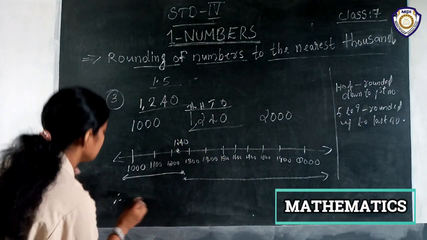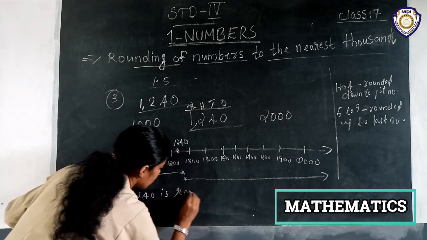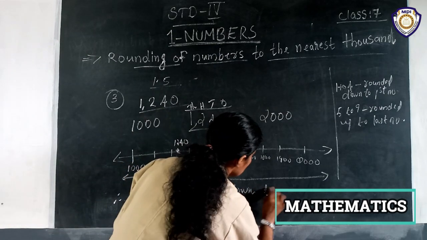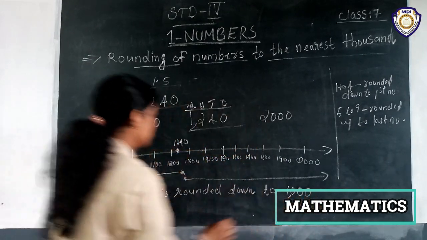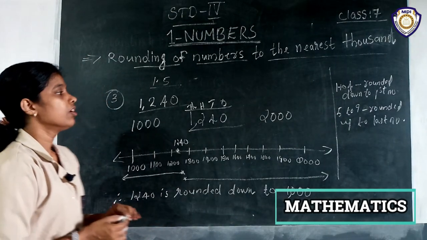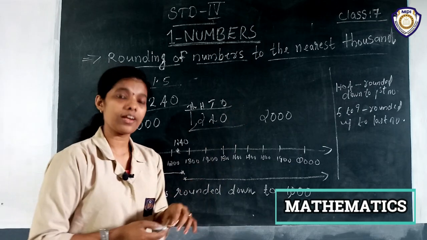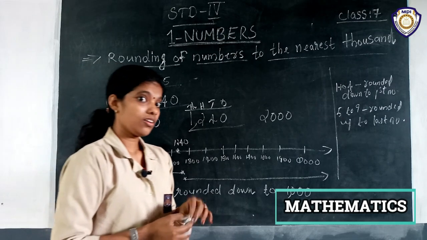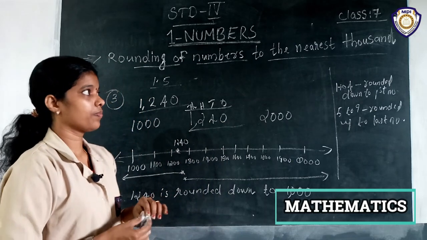Therefore, 1240 is rounded down to 1000. Our condition: 1 to 4 numbers are rounded down to the first number. 5 to 9 numbers are rounded up to the last number.